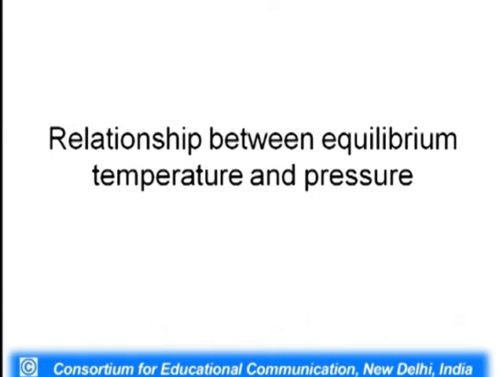Okay, so what that means is we can shift equilibrium. We can shift the equilibrium pressure, we can shift the equilibrium temperature, and the way we do that is what we are going to discuss now. Generally if you take water, its freezing point is 0 degrees Celsius and its boiling point is 100 degrees Celsius.